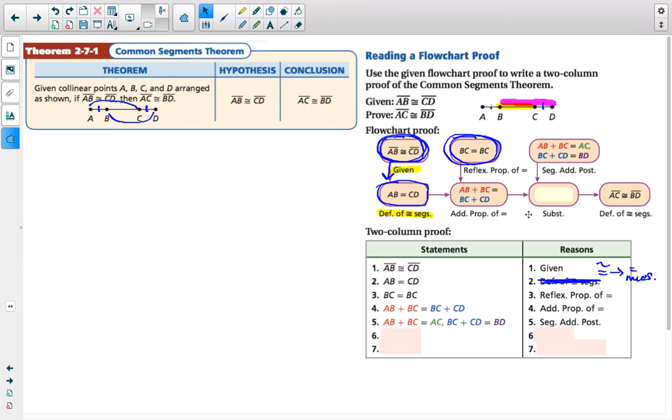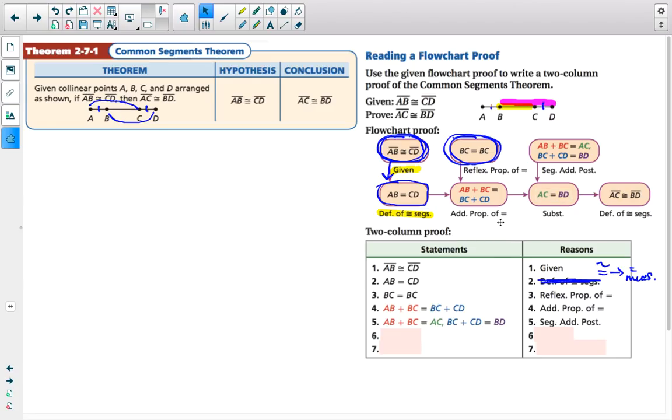Now this is our next step, and that's the tricky one. So if this is true and this is true, notice that AB plus BC is also represented up here. Since it's represented in both places, we can replace AB plus BC with AC, and we can replace BC plus CD with BD.